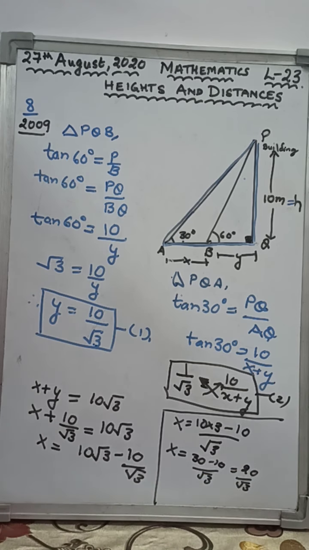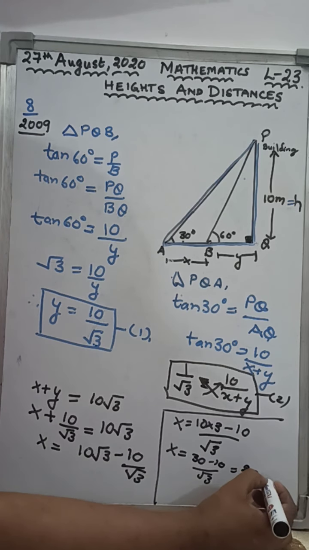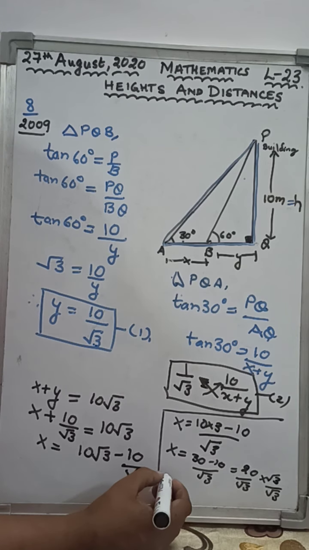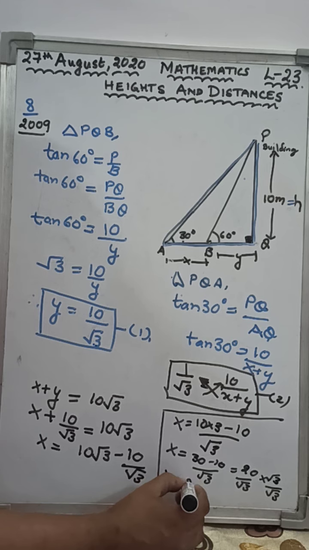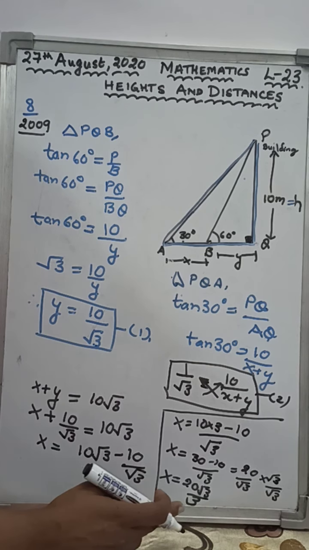Now what you will do? You have to rationalize it. To rationalize, you will multiply with root 3 and also divide by root 3. So x will be equal to 20 root 3 over 3. So first of all, what you will do?